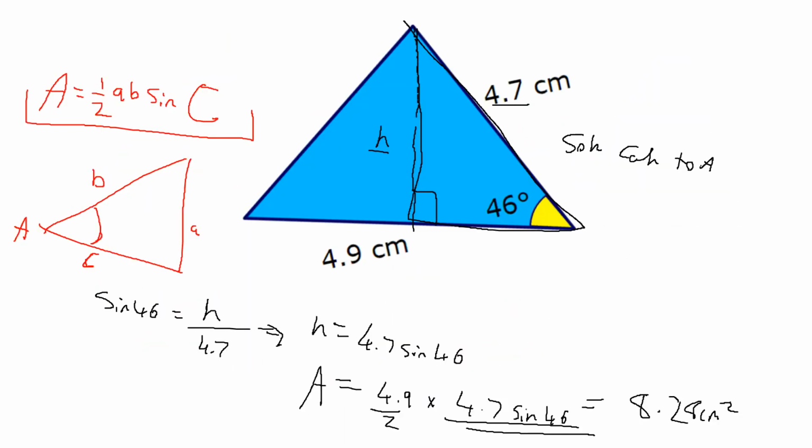So play around with it and see what works for you. I'm going to do this method again, and then for the next example, I'm going to use this formula.